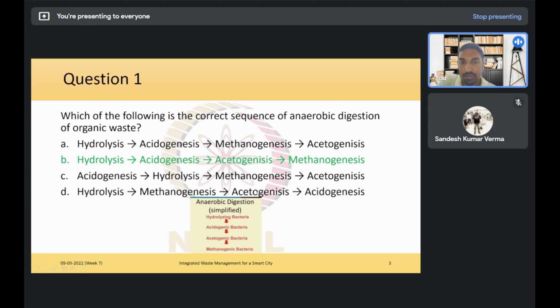Finally, the end product of that is used by the methanogenic bacteria to produce the end product, methane. This is the sequence of steps in anaerobic digestion, and therefore the correct order is as given in option B.